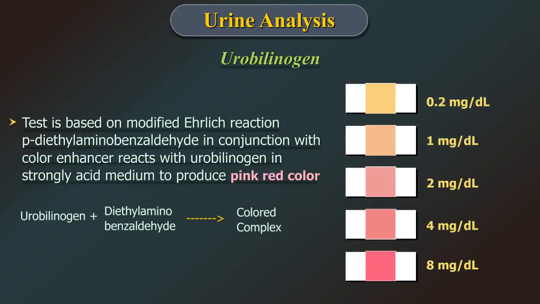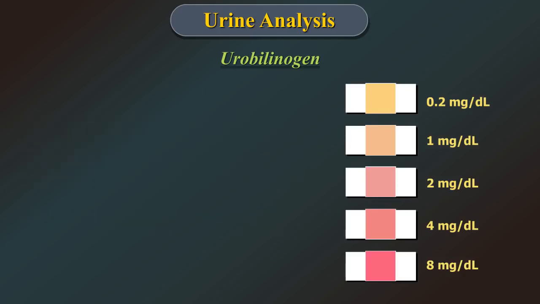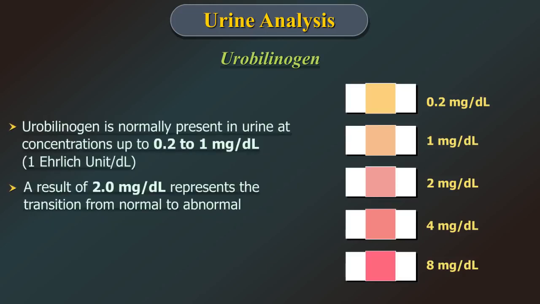Urobilinogen. The test is based on a modified Ehrlich's reaction in which p-diethyl amino benzaldehyde in conjunction with a color enhancer reacts with urobilinogen in a strongly acidic medium to produce a pink-red color. Urobilinogen is normally present in urine at a concentration up to 1 mg per deciliter.